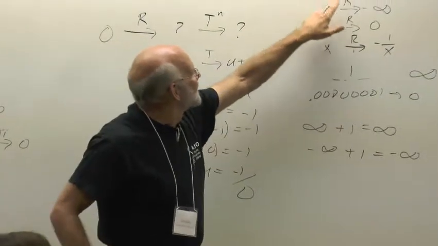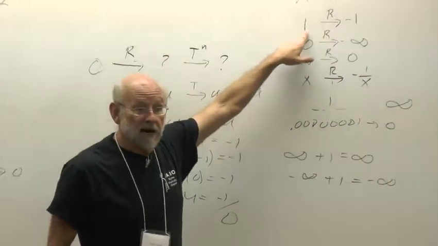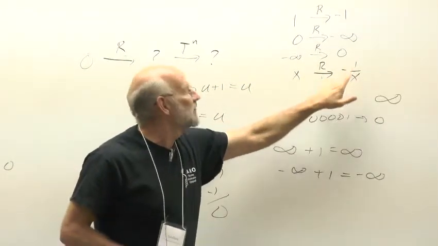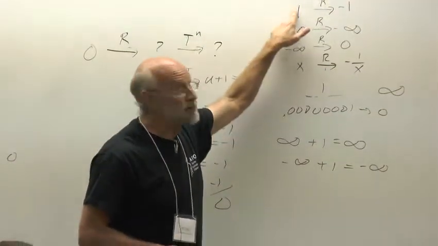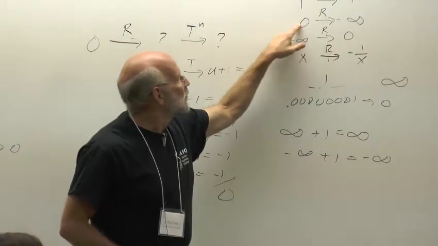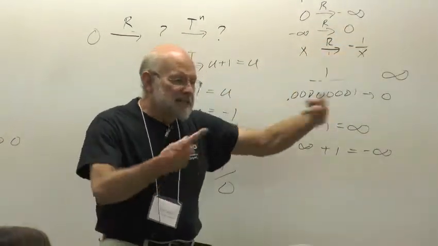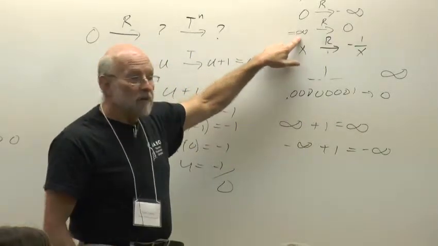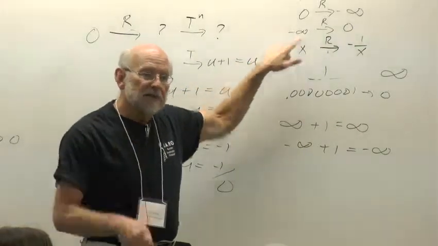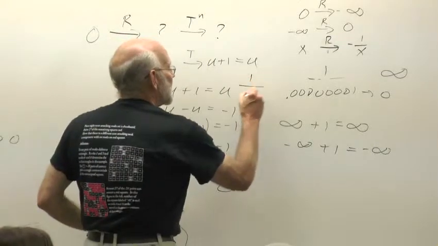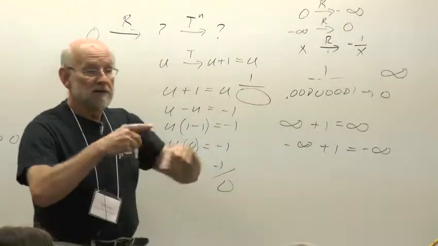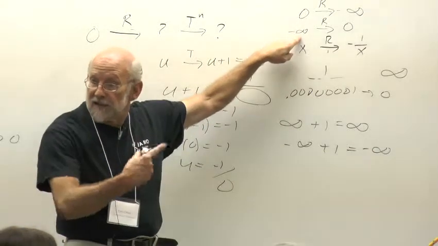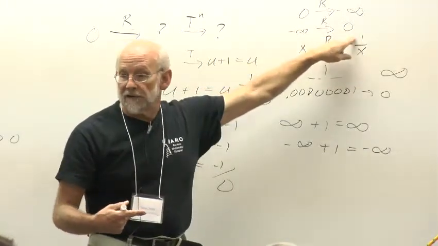R certainly takes 1 to -1 over 1, which is -1, so this one works. -1 over 0 should be something that behaves like -infinity. And -1 over -infinity, in other words, if you start with 1 and put a huge number down here, you get something very close to 0. So if I put, in some sense, an infinite thing here, I get back to 0.